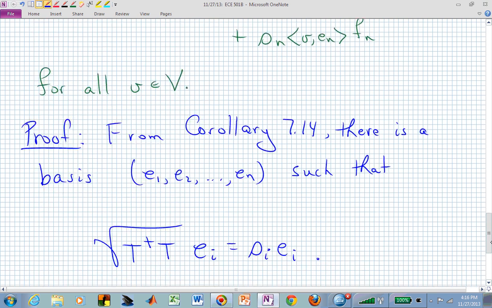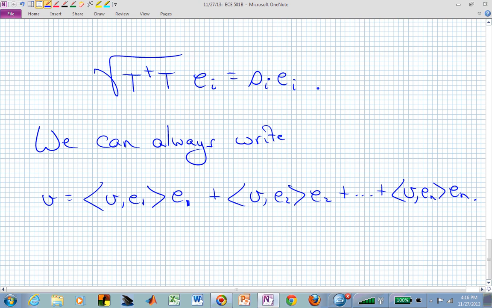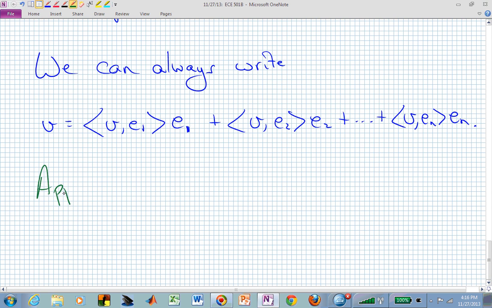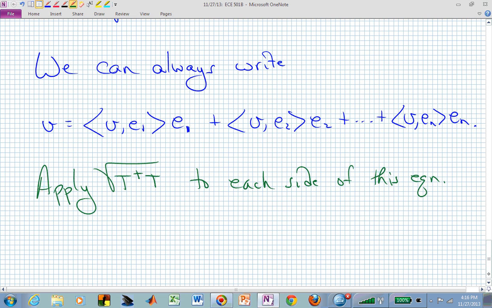So the first thing that we'll do is let's multiply both sides by the same thing, where that same thing is the positive square root of T dagger T. So let's now apply the positive square root of T dagger T to that equation.